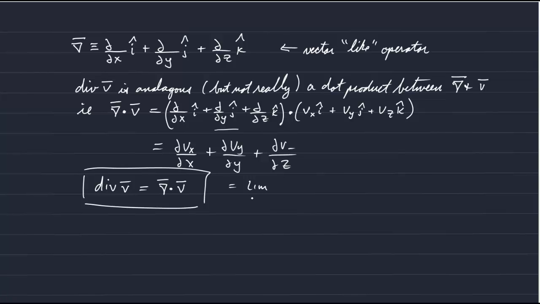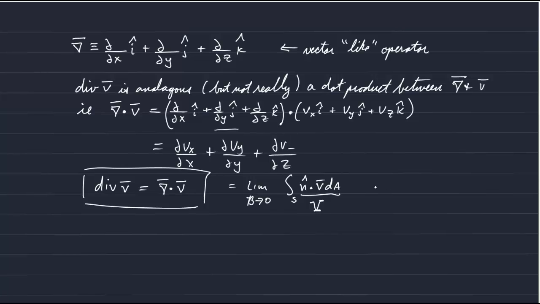Again, the divergence is the limit as the lateral dimension of B goes to 0 of the integral over the surface of B of n hat dot V times each infinitesimal surface area of the volume, divided by the volume itself.